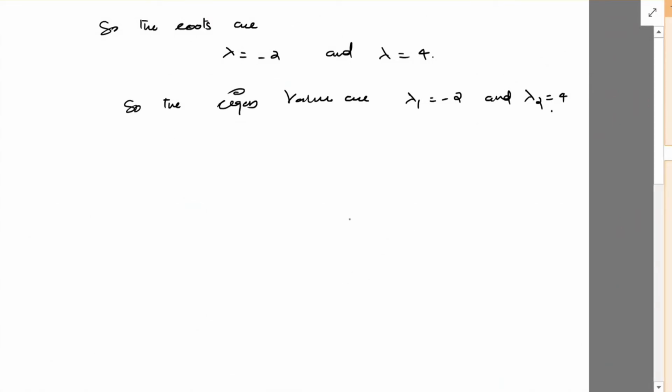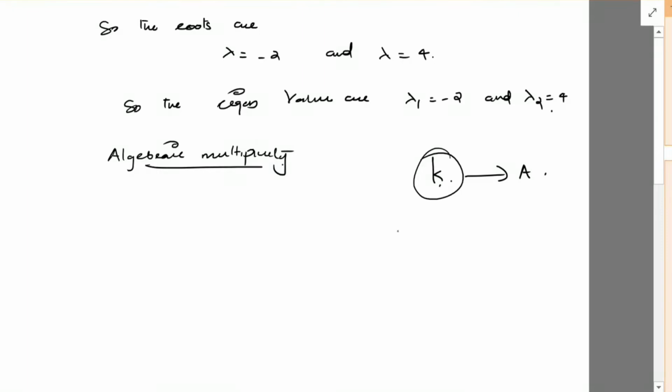Now one more thing, what is called algebraic multiplicity. Algebraic multiplicity of an eigenvalue means, suppose k is an eigenvalue of a matrix A. Then the algebraic multiplicity of k, which is denoted by mk, will be the power of lambda minus k in the characteristic polynomial.